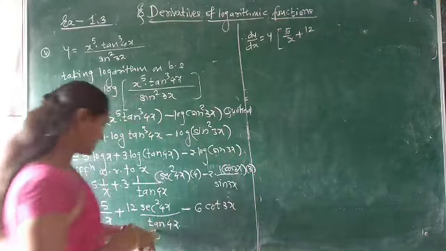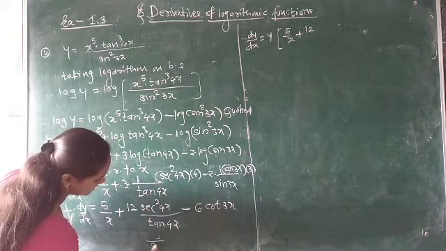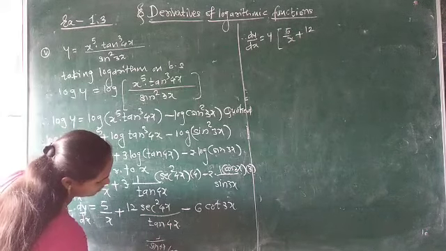Now look at this tan. In the denominator we write sin 4x upon cos 4x.